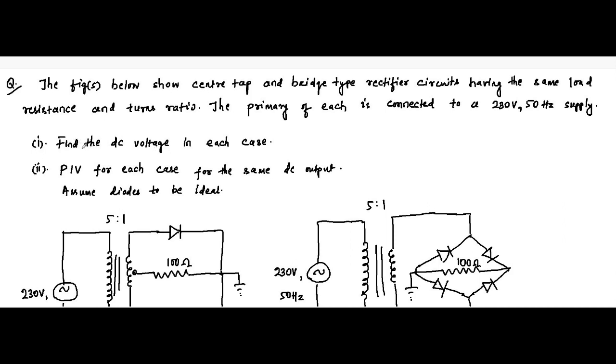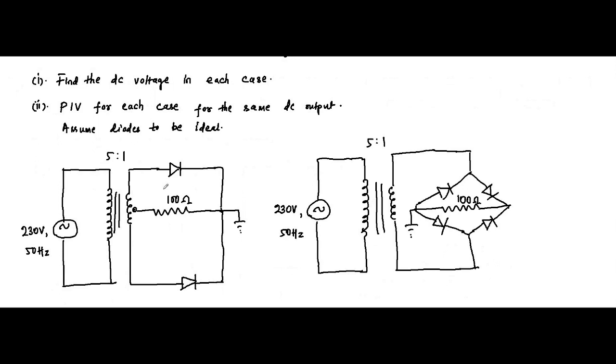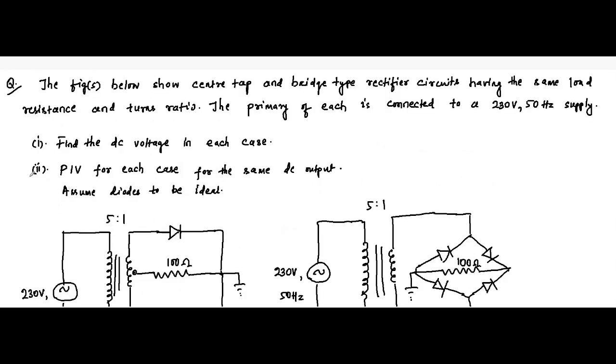And we have been asked first to find the DC output voltage in each of the two cases, and in the second one, which is a bit interesting, for the same DC output, we have to design the circuit so that it gives the same DC output, and we have to determine the peak inverse voltage for each case.